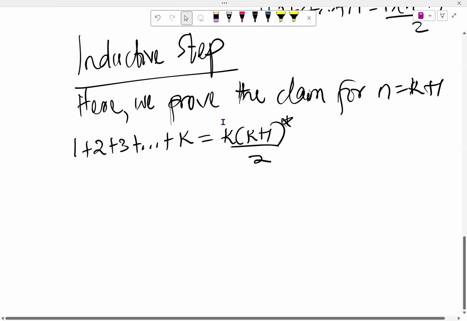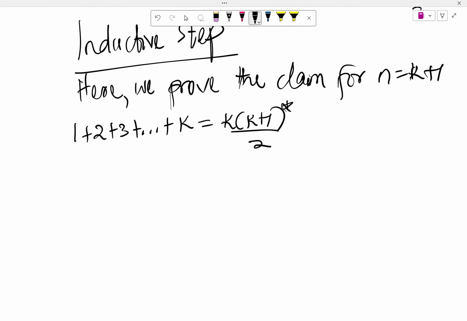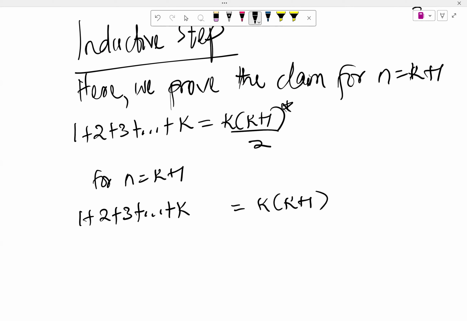To do that, let's see. Since this is k, the next step after k is k plus 1. So for n equals k plus 1, you have 1 plus 2 plus 3 plus all that plus k, which we know is equal to k into k plus 1 all over 2.